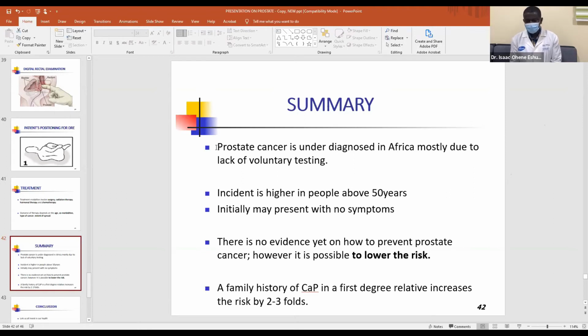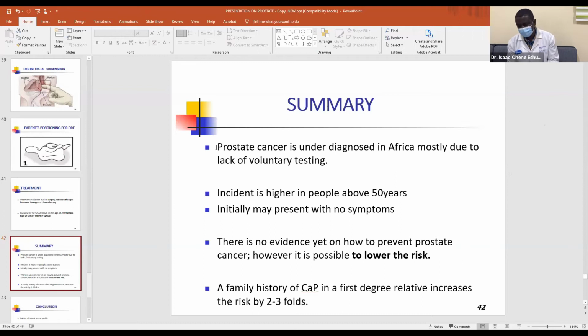We are also saying there's no evidence yet on how to prevent prostate cancer, but we can reduce the risk. By reducing the risk, we've talked about certain dietary things we can consider. But aside from the diet, we should also bear in mind that controlling our weight is very important. So weight control is something we should all be working on, and exercising.